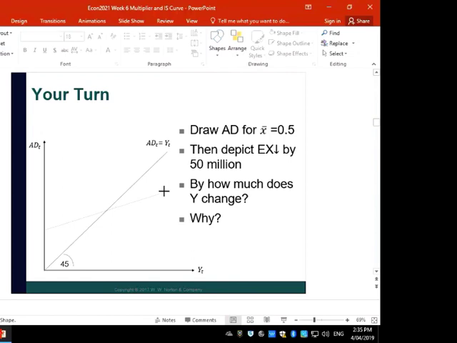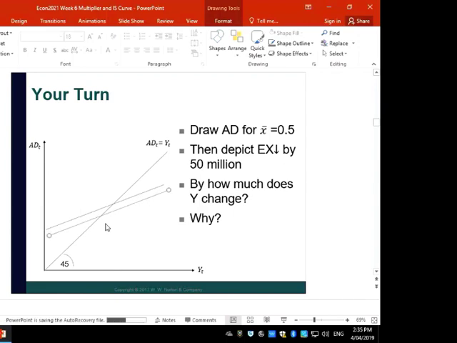So we get an aggregate demand line, and the slope of that aggregate demand line is simply 0.5. Now we are dropping it by 50 million. So export is dropping by 50 million, hence aggregate demand is dropping by 50 million. Old equilibrium, and now the multiplier kicks in, so we go from here to there, to there, to there, and so on, right?